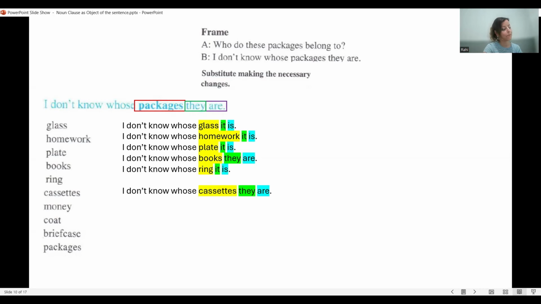Money. The answer is, I don't know whose money it is. Why it? Because money is uncountable. And coat. The answer is, I don't know whose coat it is. Briefcase.